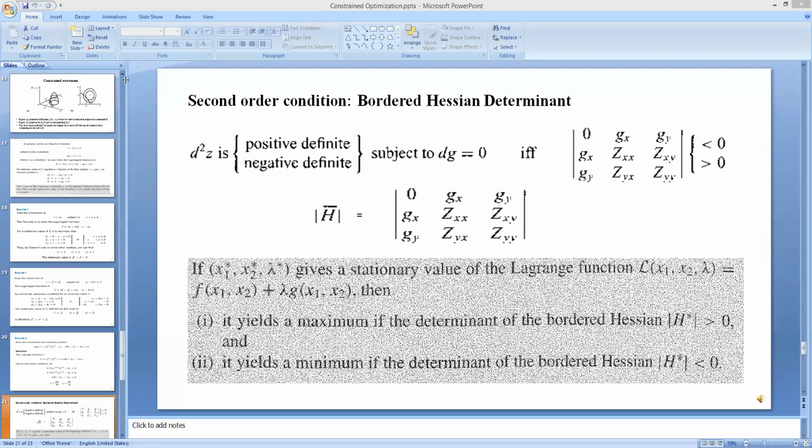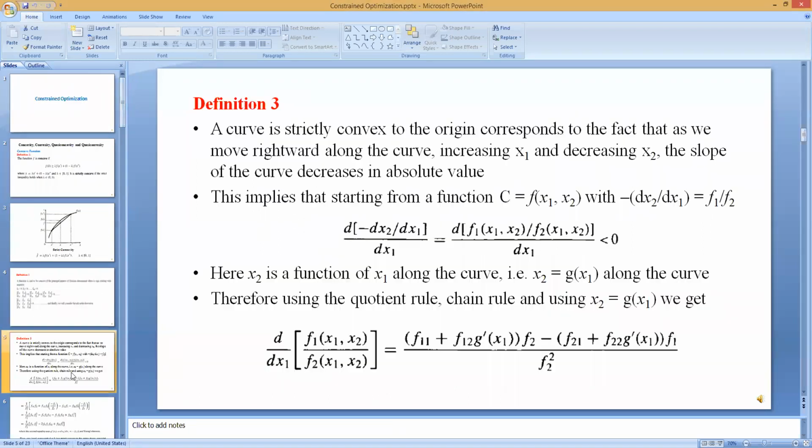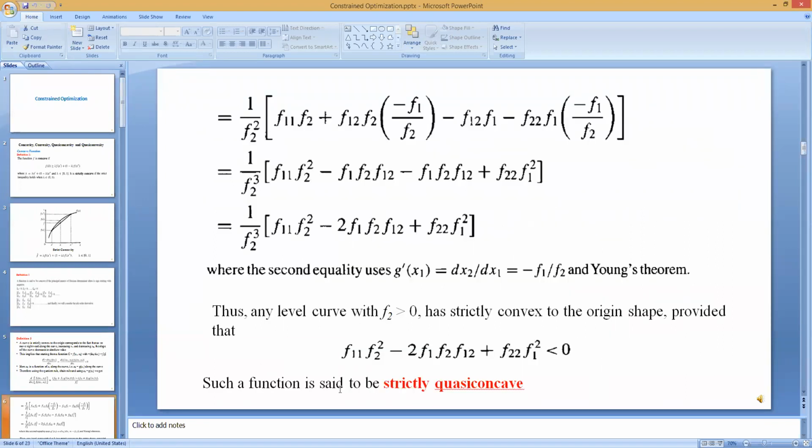Next, strict concavity indicates or ensures F2 greater than 0 and F11 F2 square minus 2 F1 F2 F12 plus F22 F1 square less than 0.